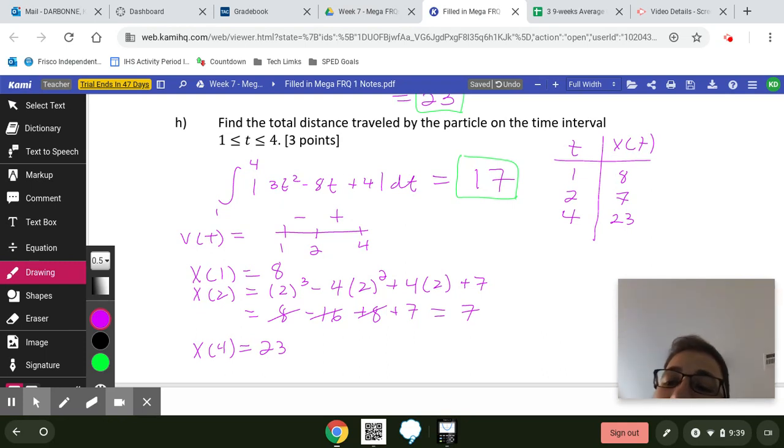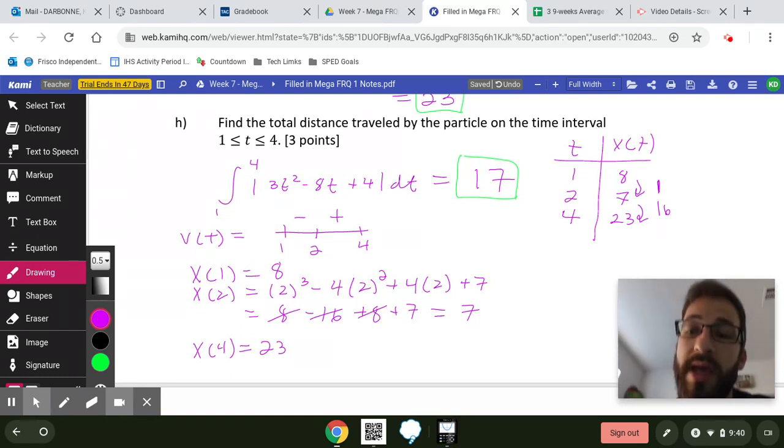What I'm really concerned with is the difference between these. Between 8 and 7, how much distance is my particle traveling? It traveled 1, whatever units we're worried about. Then between 7 and 23, how much distance did it travel? 16. If it traveled 1 and it traveled 16, what's the total it traveled?